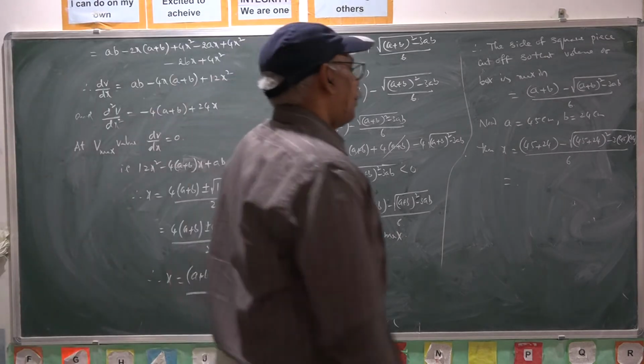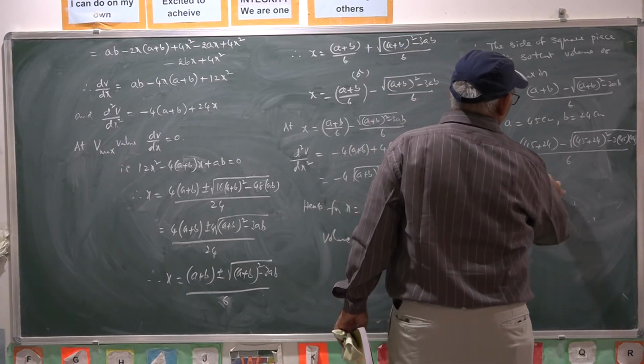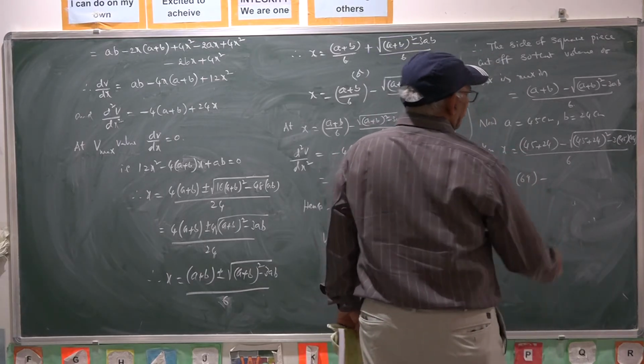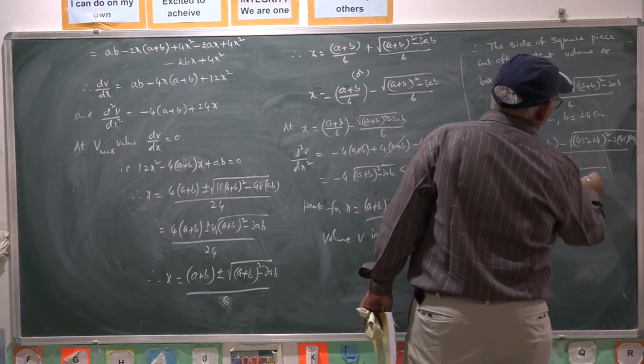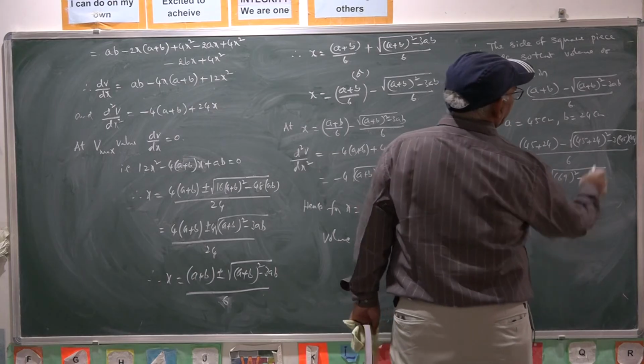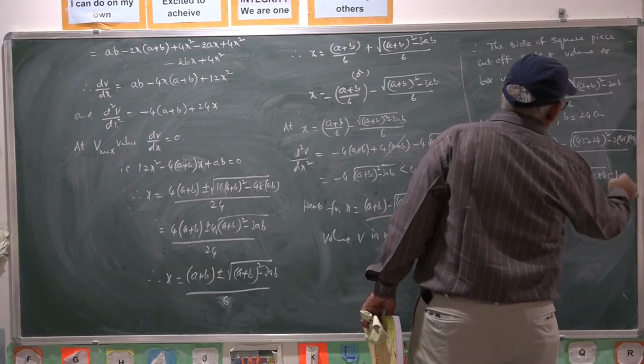So, that is 45 plus 24, 69, minus 69 square, minus this is 3 into 24, 72 into 45.